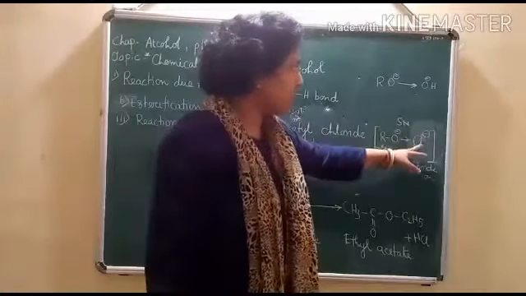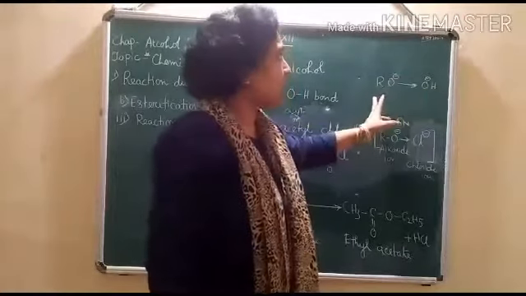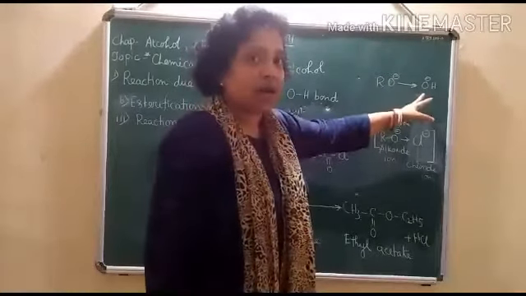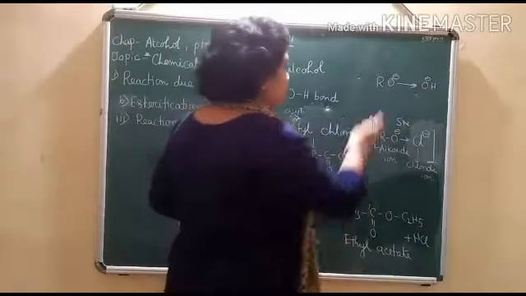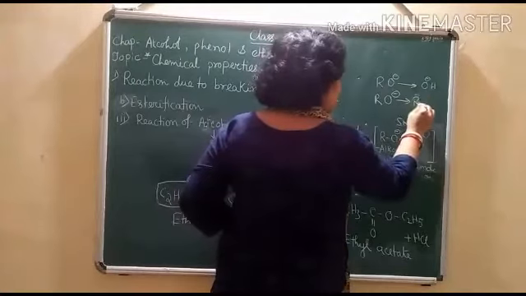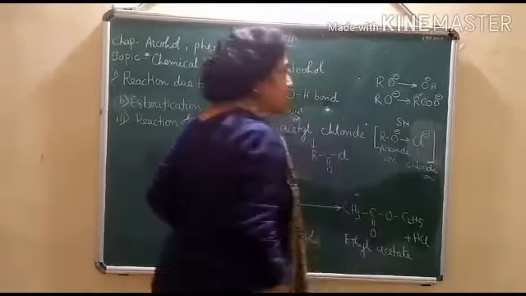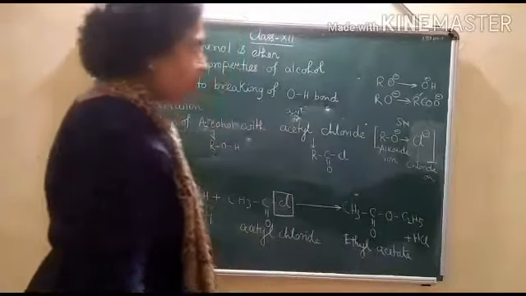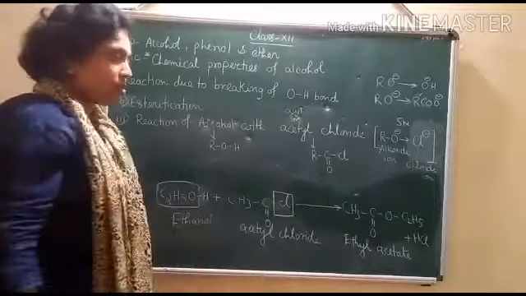In the first one it was RO and OH, in the second between RO and carboxylate RCOO, with a dash because that is a different R group. So these are the esterification reactions.